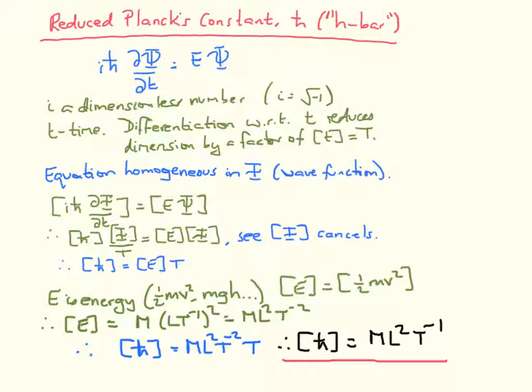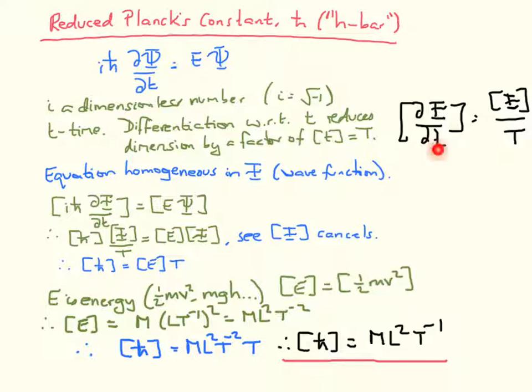The other thing to realise is that if you differentiate a quantity, here psi, with respect to something, in this case time, what you do is you reduce the dimension of this by 1 power of the dimension here. So this means that the dimension of d psi dt is going to be the dimension of the wave function psi divided by capital T, the dimension of time.